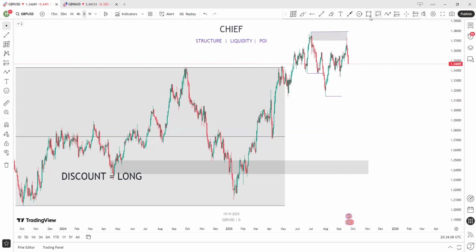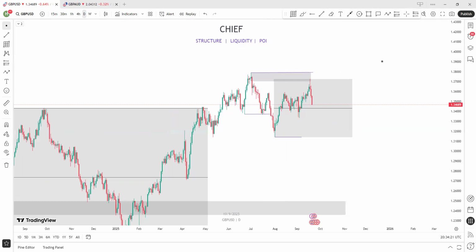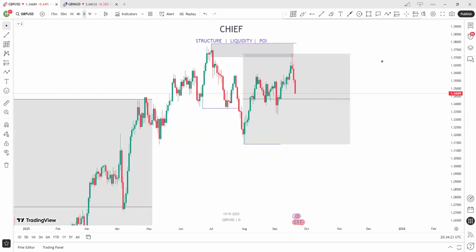The second thing is if you mount your fib tool on this last swing structure, from this low to this high, you see that this market is still in the premium zone. This is why I usually say, even if your setup is valid and it is in the wrong zone, it will fail. So this market is still in the premium zone. Buying is not an option.